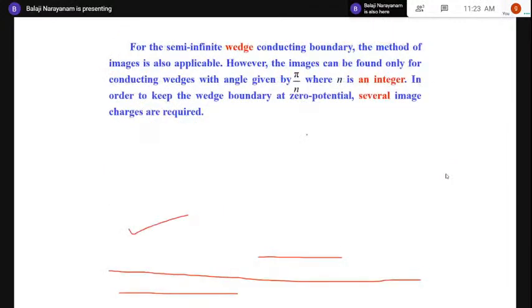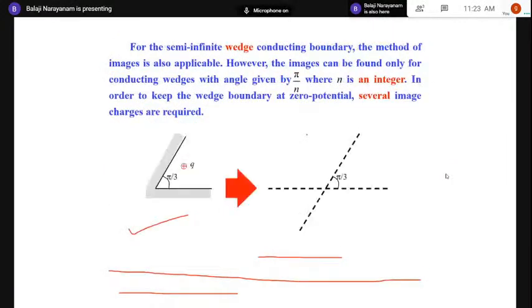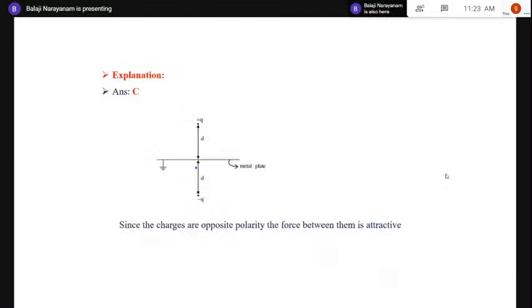In this particular problem, what was given is a charge plus Q located at a distance d above an infinite metal plate that is connected to zero potential.